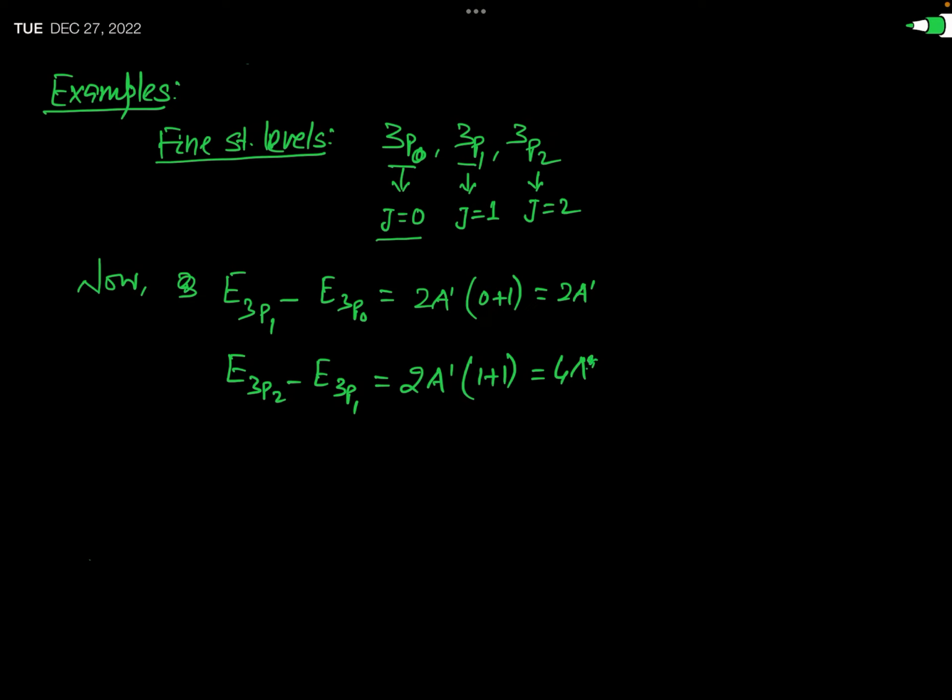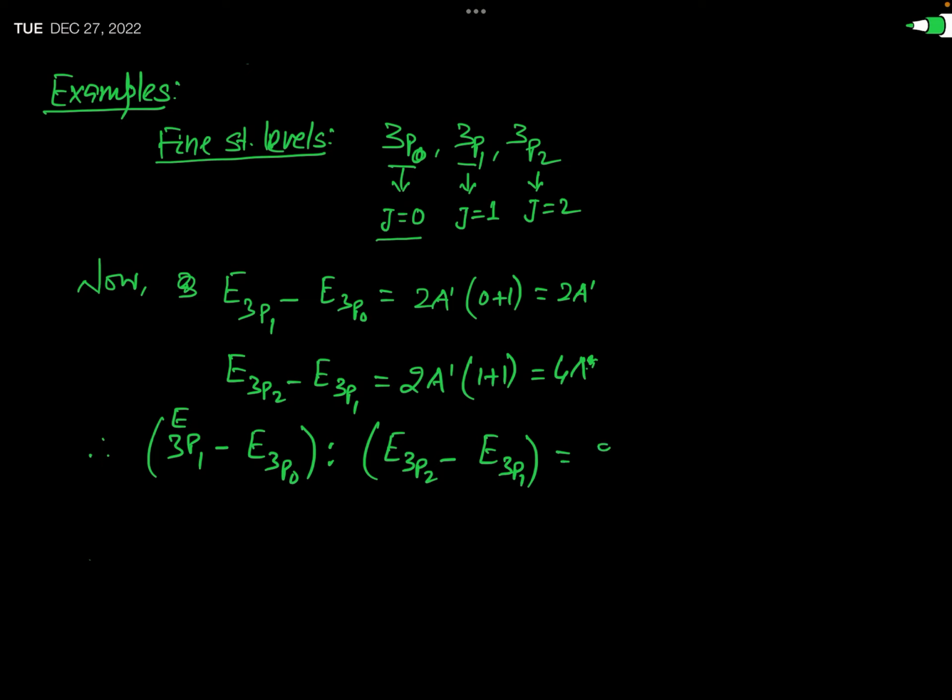Then what will be the ratio of energy of 3p1 minus energy of 3p0 to energy of 3p2 minus energy of 3p1?